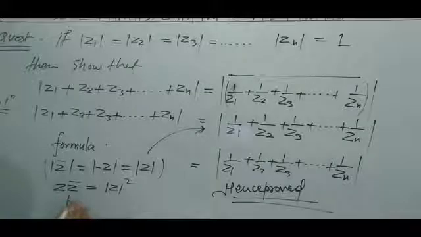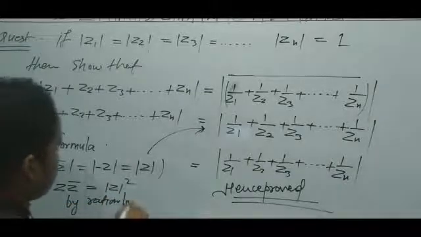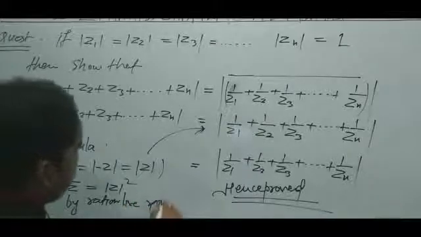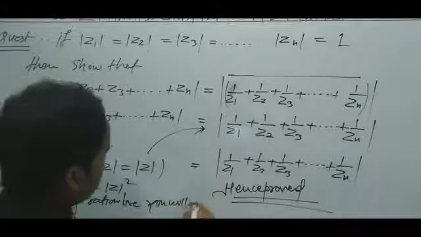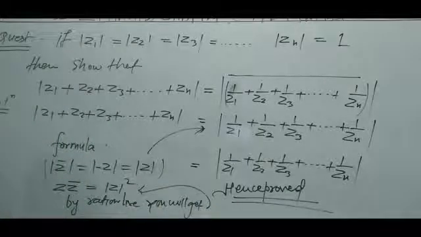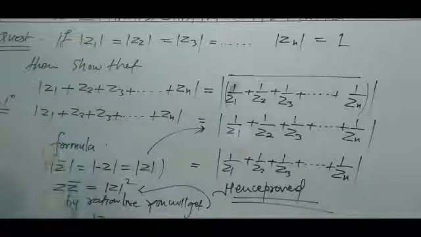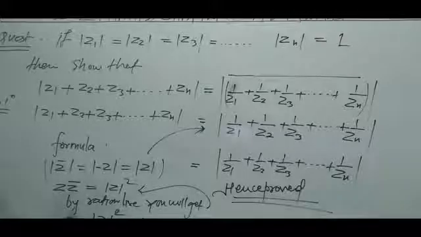By rationalizing, you will get these steps. Then we put mod of z whole square, which means the result is 1. All values, mod of z1, mod of z2, mod of z3, the result will be 1 because this is a unit.